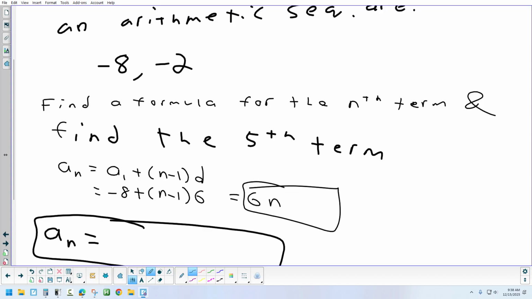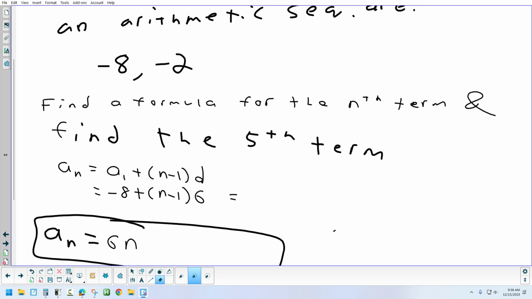And then what number is going to be on the end of it? -14, right? Because we're doing -6, take away 8 is -14.